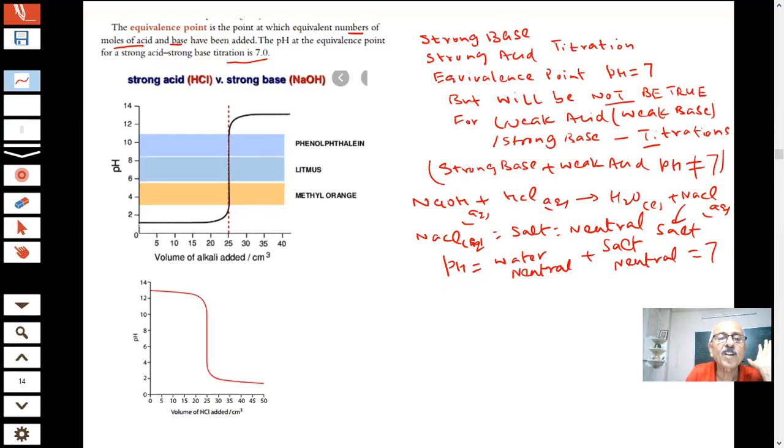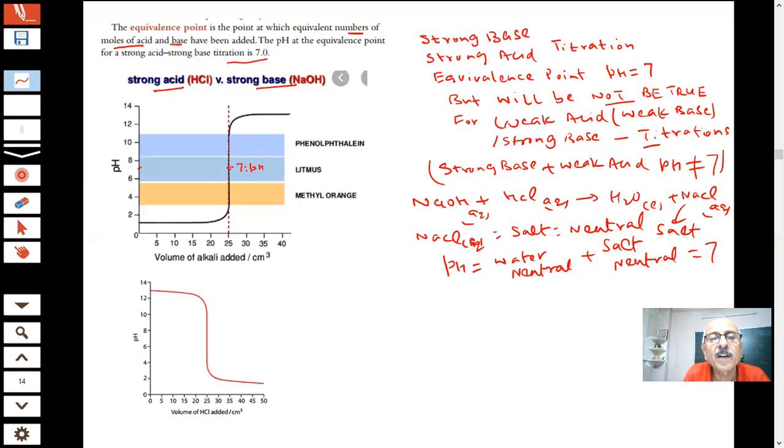This is the nature of the graph. Can you see this? This curve is for strong acid and strong base. And what is the pH for a strong acid and strong base at the equivalence point? 7. This is the equivalent point, 7 pH.